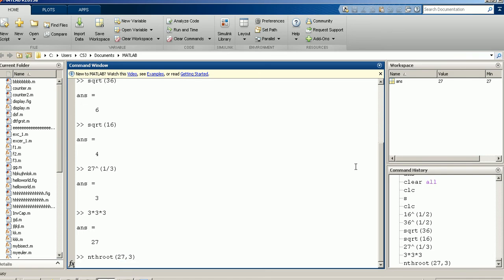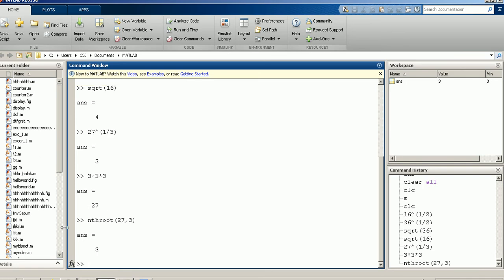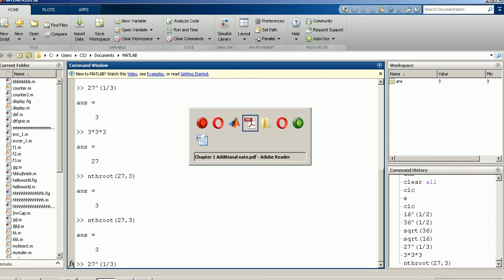This is the root power. It will directly give me 3. Why? Because 3 times 3 times 3. So guys, you have two options. Either to write nth root or to write this one, which is to the power of 1 over 3.